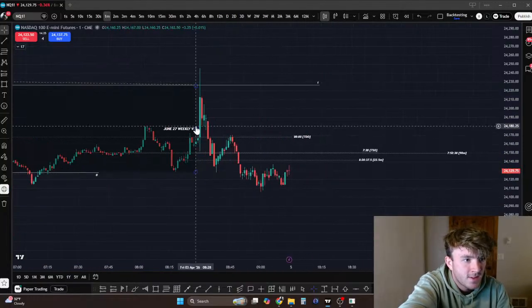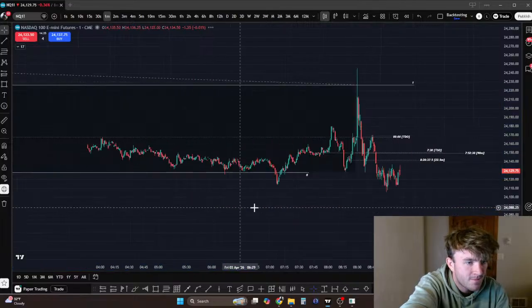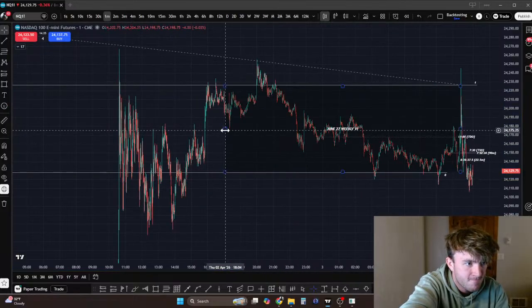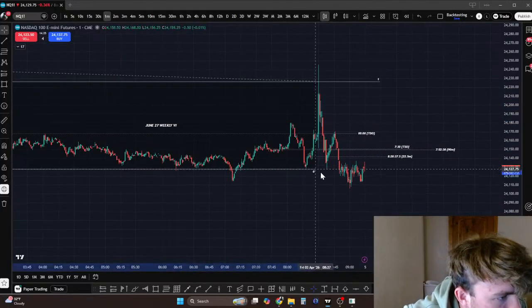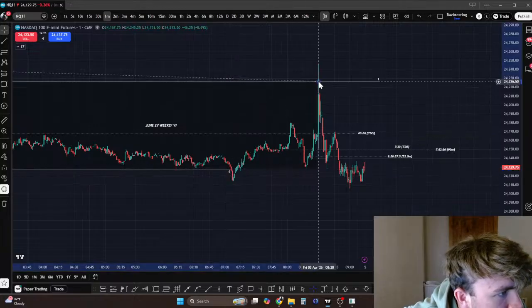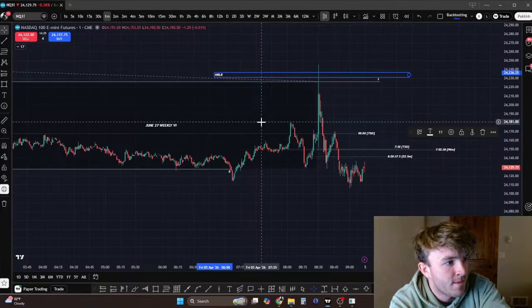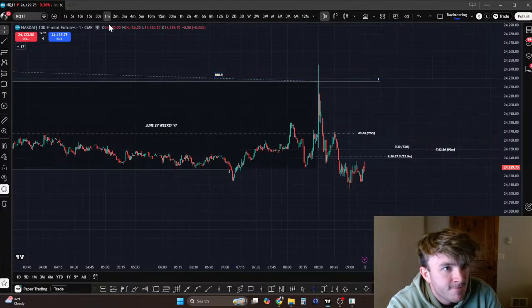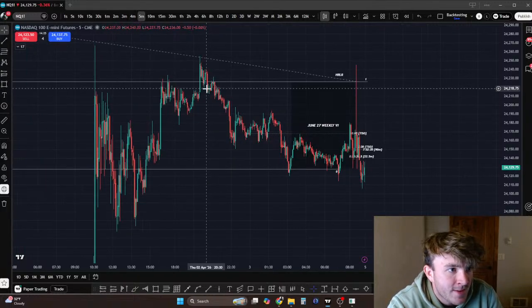June 27th. Wow, the 15-minute chart goes back that far? Right, so we fill this. This was fun. We fill it from the sell side, and then we fill it from the buy side into high resistance liquidity above all the true opens. We probably have some kind of gap here.